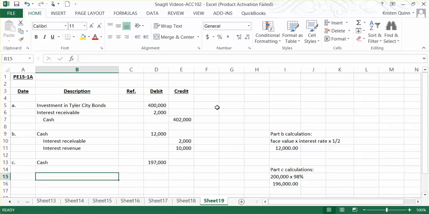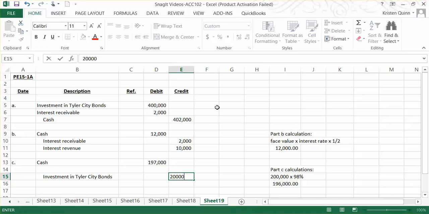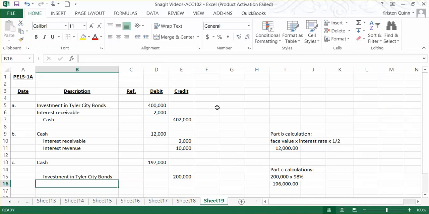However, we are selling part of our investment in Tyler City bonds that we purchased back in Part A at 100% of the face value. So it went on our books at $200,000, but we're only selling them for $196,000 in total.